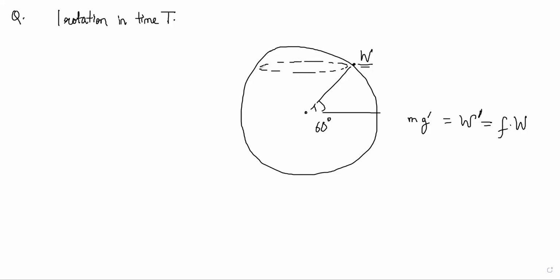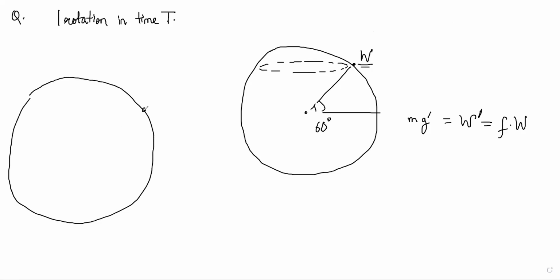So technically what will happen is, when you are at a higher latitude, here, let's say, this is the center of the planet, the force of gravity will be along this direction, right? But the centrifugal force will be along this direction, right?